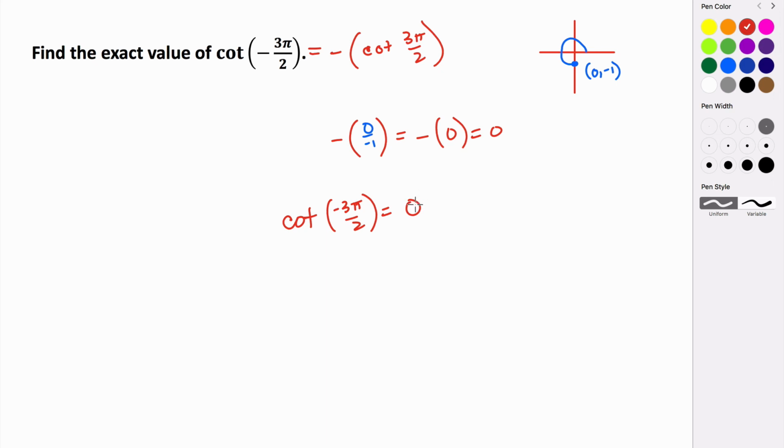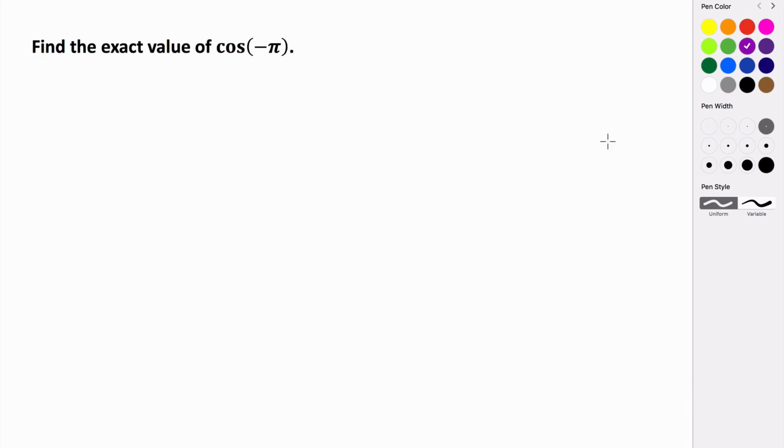Let's look at one more. We want to find the exact value of the cosine of negative pi. Cosine is one of our even functions, so the cosine of negative pi should be exactly the same as the cosine of positive pi. At pi, we know that we have the ordered pair negative 1, 0.